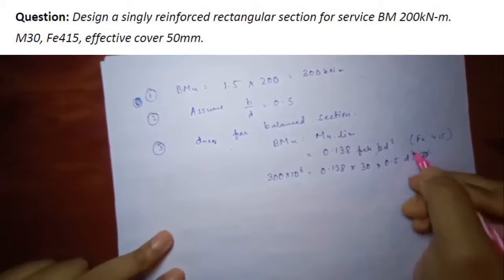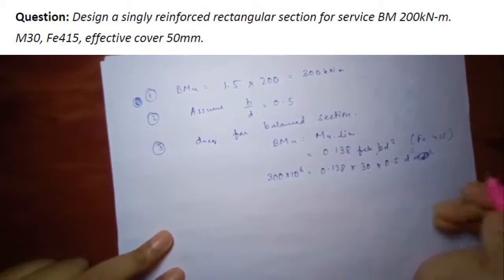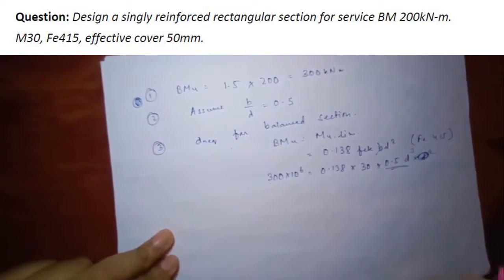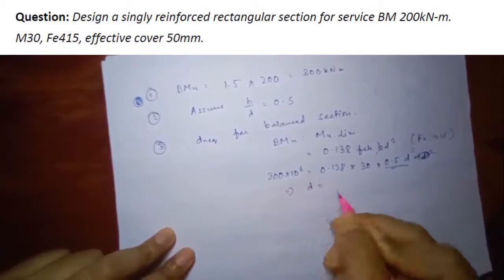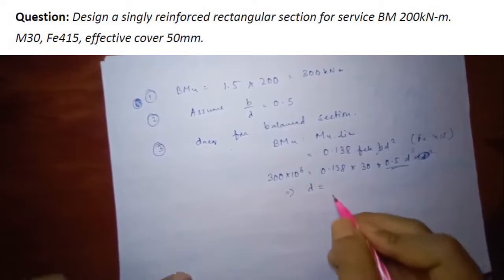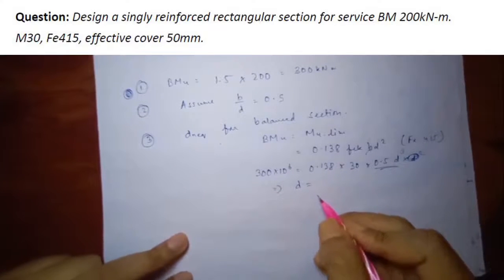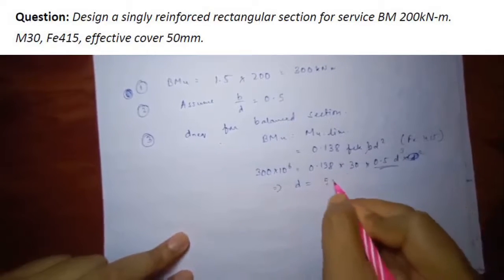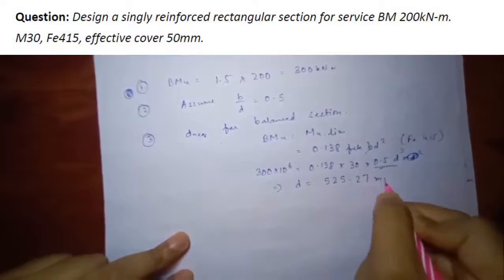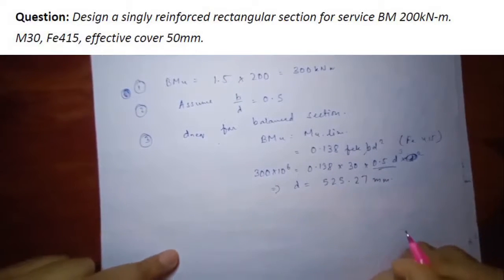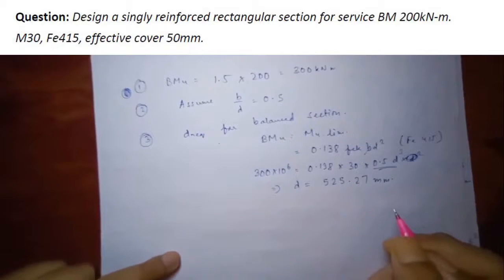So I can finally write it as 0.5 D cube, and thus by this I will get D equal to 525.27 millimeters. This is the value of the D required.